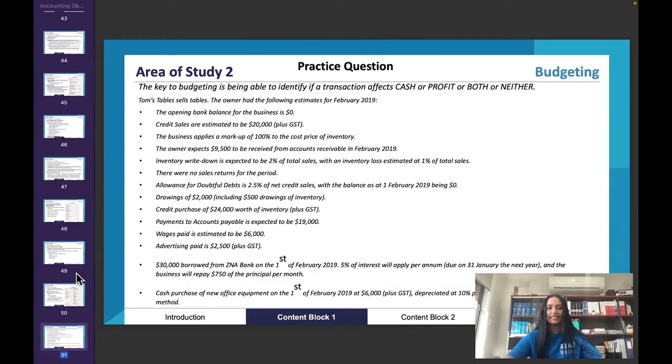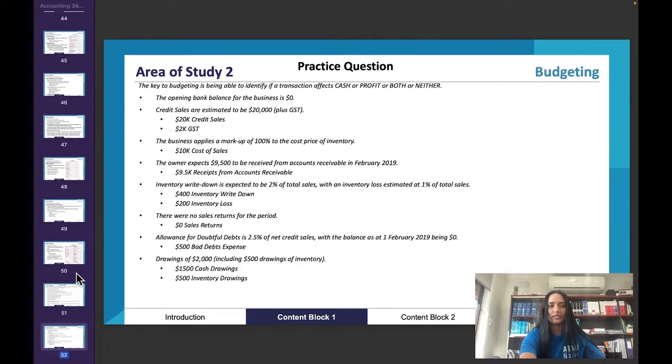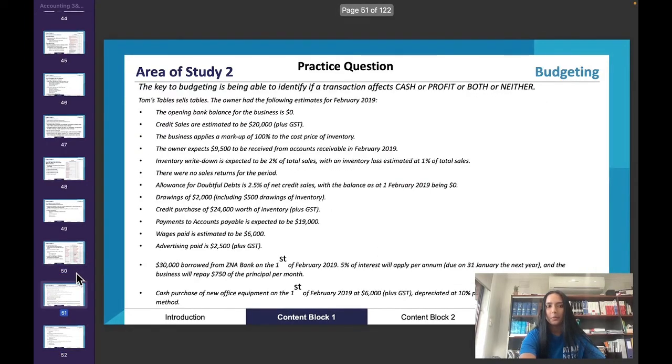So we have a practice question here. So basically, the key to budgeting is, like I was saying earlier, identifying whether a transaction affects cash, profit, both, or neither. And the best way to do this, I would say, is to take colored pens or highlighters, and in your exam, use a color coordinated system.